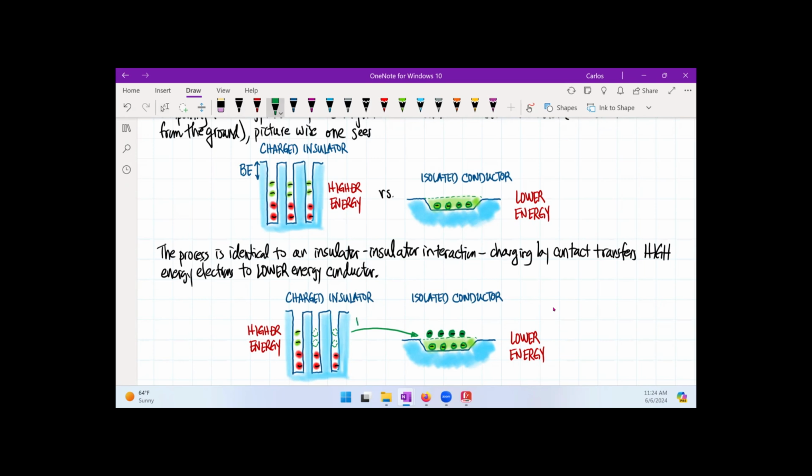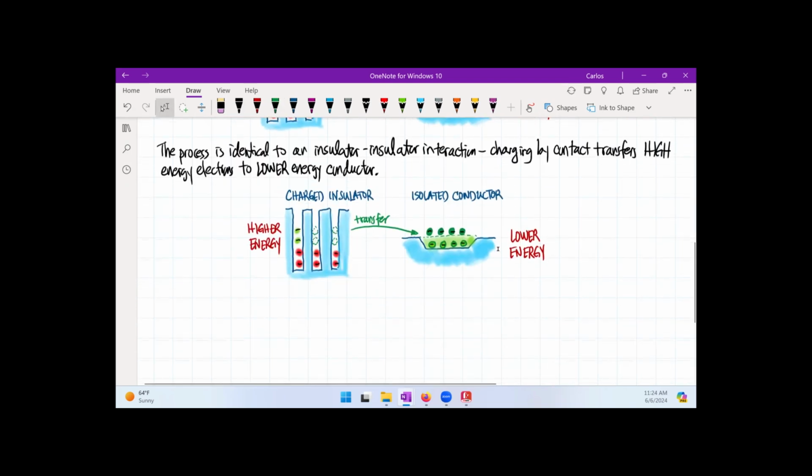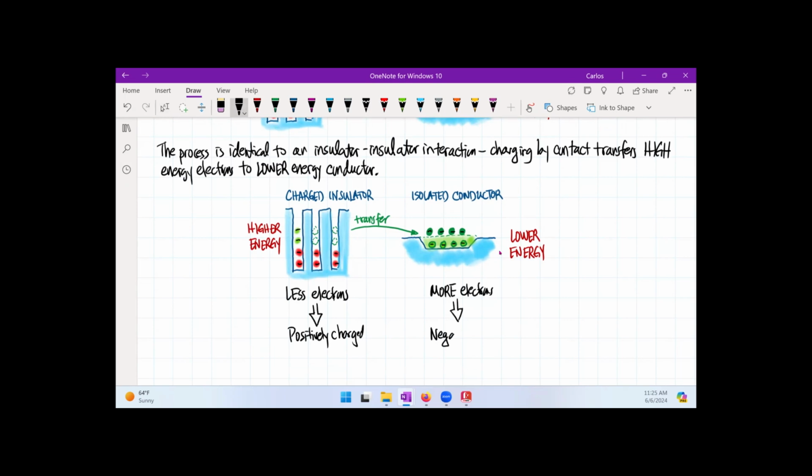So once again, we play the same game as before. If I have fewer electrons, it's going to be positively charged. If I have more electrons, it's going to be negatively charged.